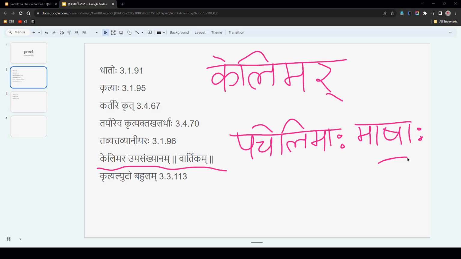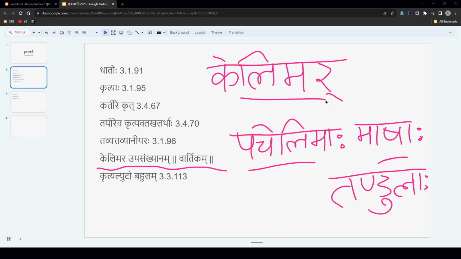Or you can say Tandulaha. Tandula is rice, right? Masha is dhanya, like a dal. Pachelimaha mashaha. Here the Kelimar is the pratyaya.